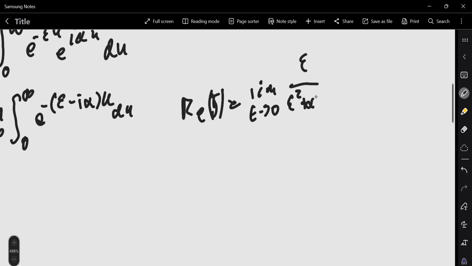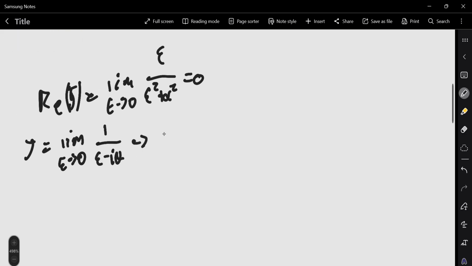Epsilon squared plus alpha squared. Yes, epsilon minus i alpha, which is what I was talking about just a minute ago.